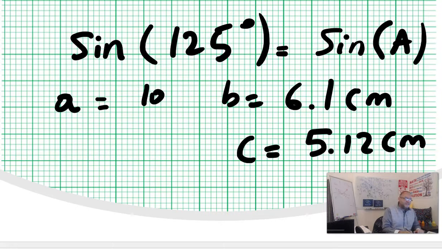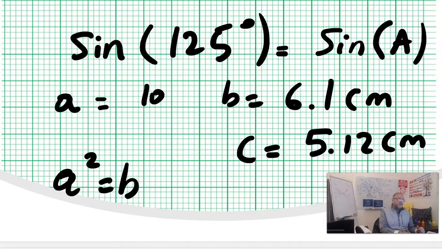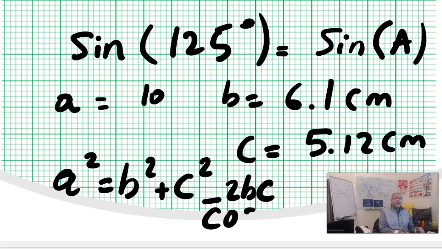But let's figure that out. When you know the three sides, you use the other law, the law of cosine, which we are going to define and derive and tell you how you get to it and how you use it without memorizing. It basically goes, if you know three sides, one of them squared equals the other one squared plus the third one squared minus those two and the cosine of the angle between them.